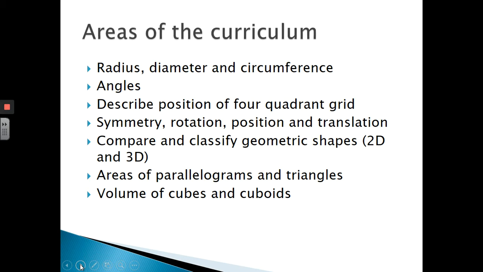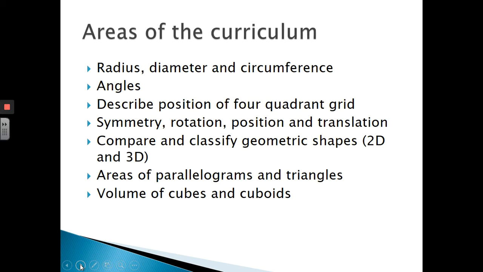Angles, which largely builds on their learning of turns, like half turns and quarter turns, which they learn in Key Stage 1. They also look at describing position on 4-quadrant grids, and looking at symmetry, rotation, position and translation. 4-quadrant grids tend to come up towards the end of Key Stage 2.